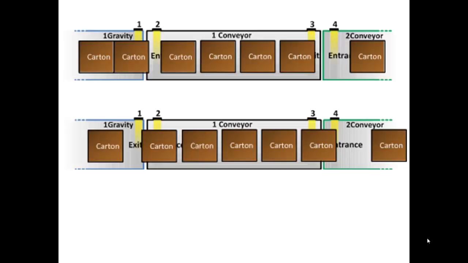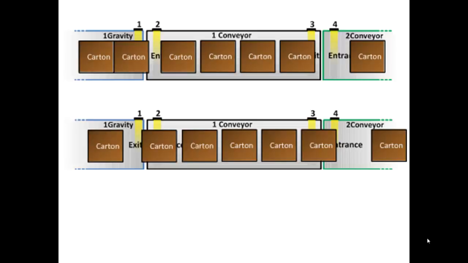Consequently, the faster one conveyor runs, and of course where we put photo I2, would determine the space between the cartons. Now, when the cartons leave one conveyor, if 2 conveyor is going faster, then it's going to spread out the space between the cartons as they go onto 2 conveyor.